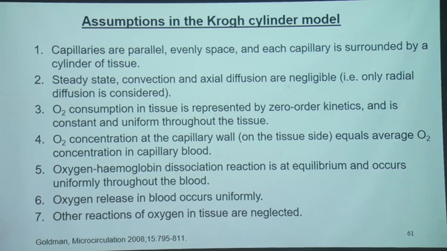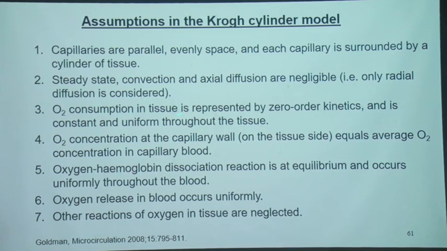So that's the basic assumption. And then we assume it's steady state. It does not change as a function of time. Convection and axial diffusion are neglected, so we did not consider the change in concentration in the direction of the vessel. We only considered the diffusion in the R direction.